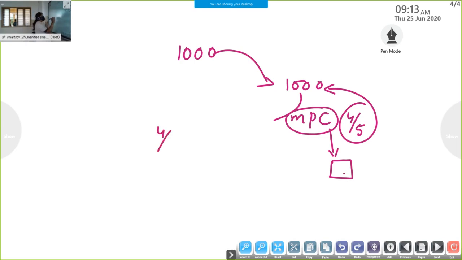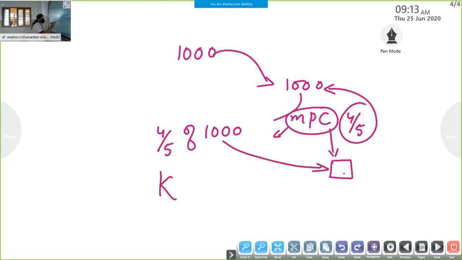So we can take like this, 4/5 of 1,000 he can spend for this item. So suppose this is a mobile. So the mobile producer is getting this much amount of income. So one person's expenditure is another person's income. So we know the multiplier is determined by MPC. There is a direct relationship between multiplier and MPC.